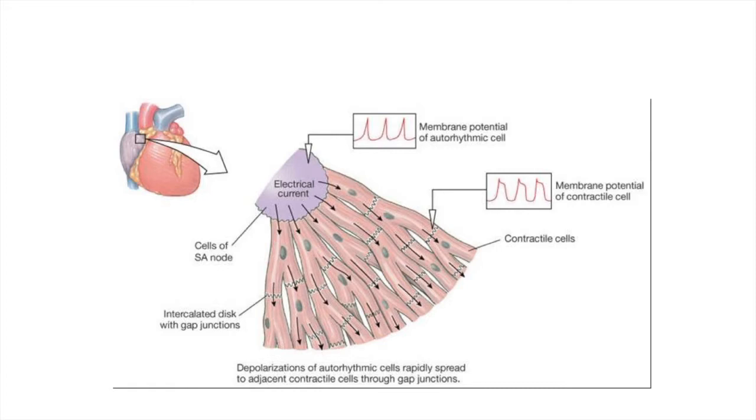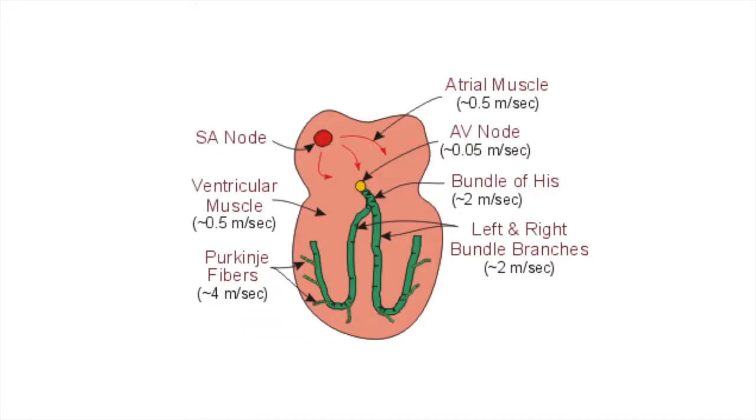And if I look at speeds of electrical signaling within the heart, I have an SA node that is a spontaneous generator of an event. I have about a 0.5 meter a second depolarization of the atrial muscle, right, which is your brawn of the heart. All it does is contract. It's the muscle cell, right? I have this very slow signaling through my AV node, allowing for an appropriate delay to give ventricular filling, right?